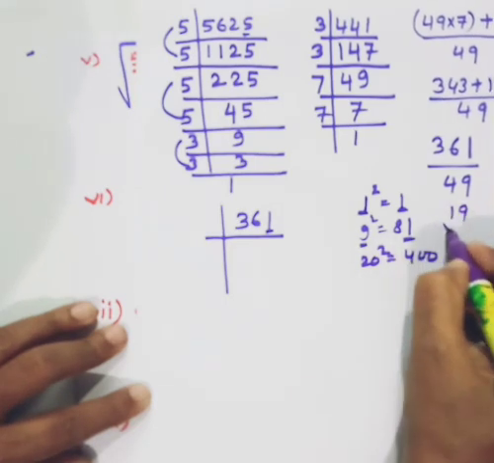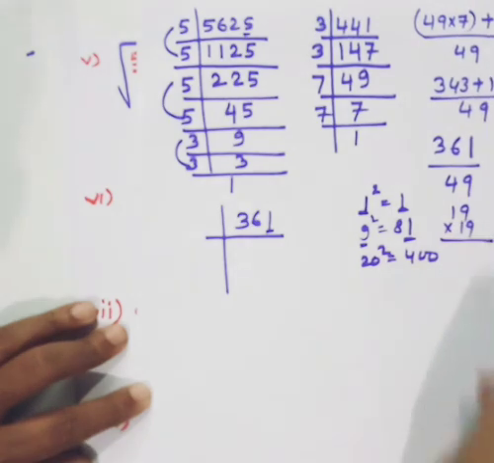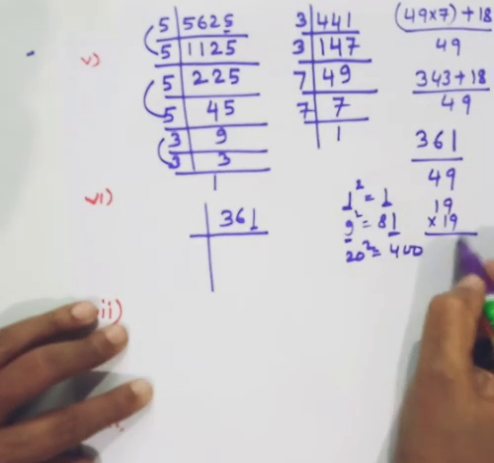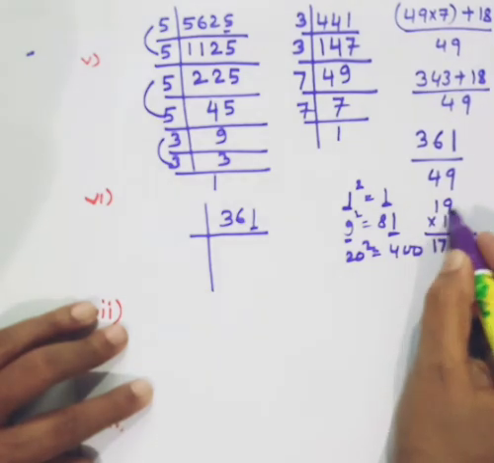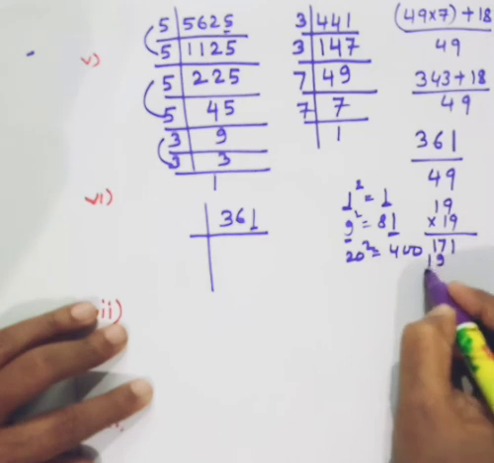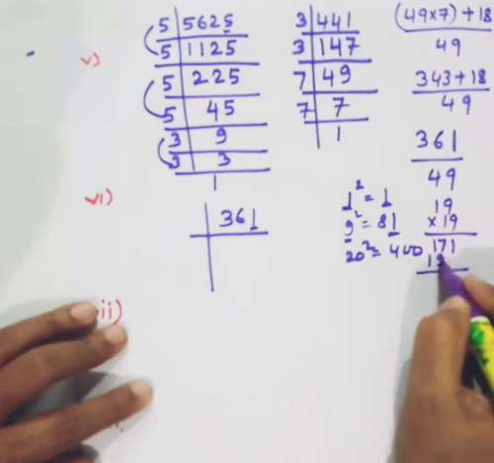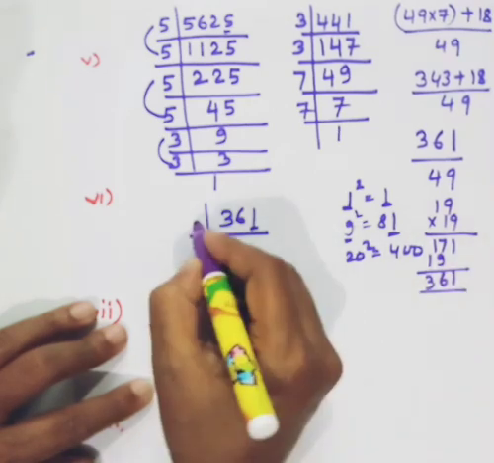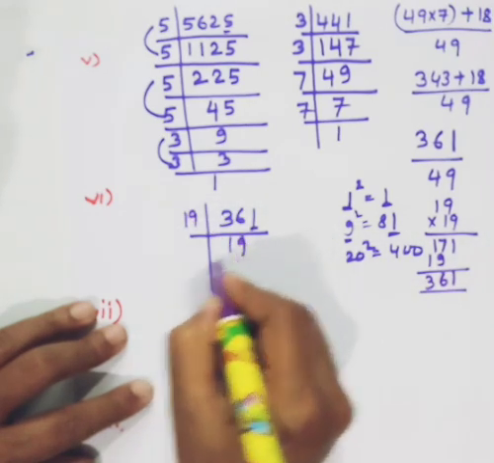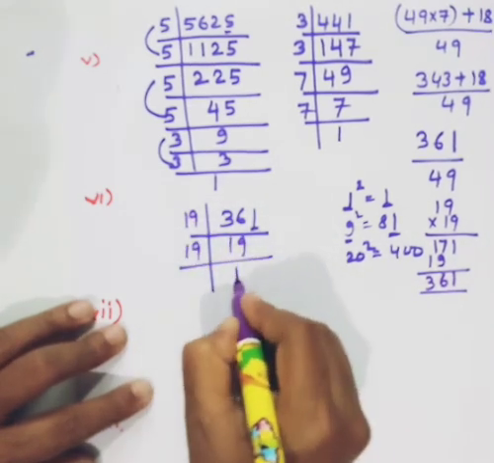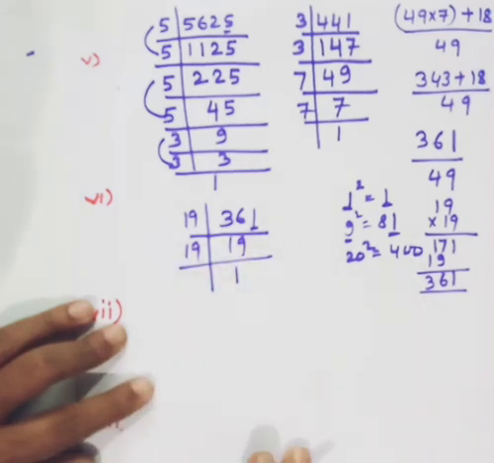So let us see whether 19 square is 361 or not. 9 nines are 81, 8 and 1 is 9, 1 nine is 9, and 9 and 7 is 16, 1, 361. So 19 into 19, see, this is 19 square.